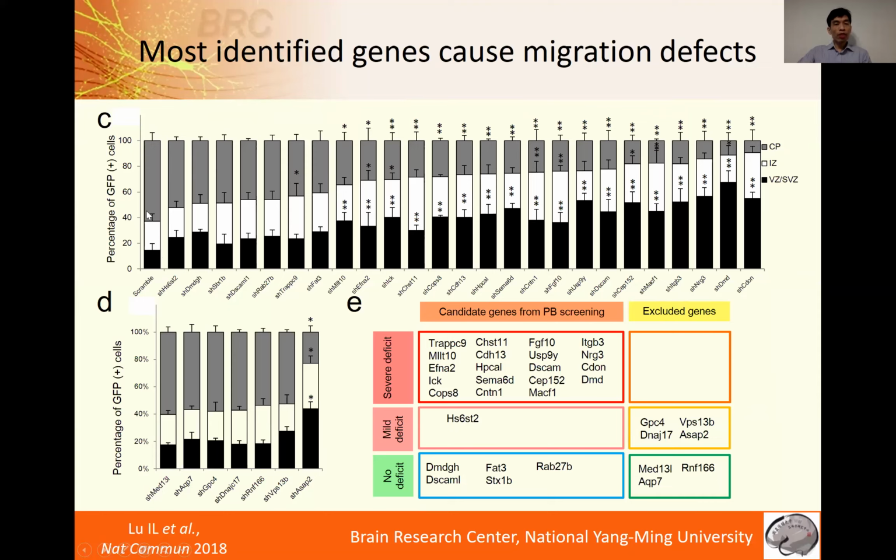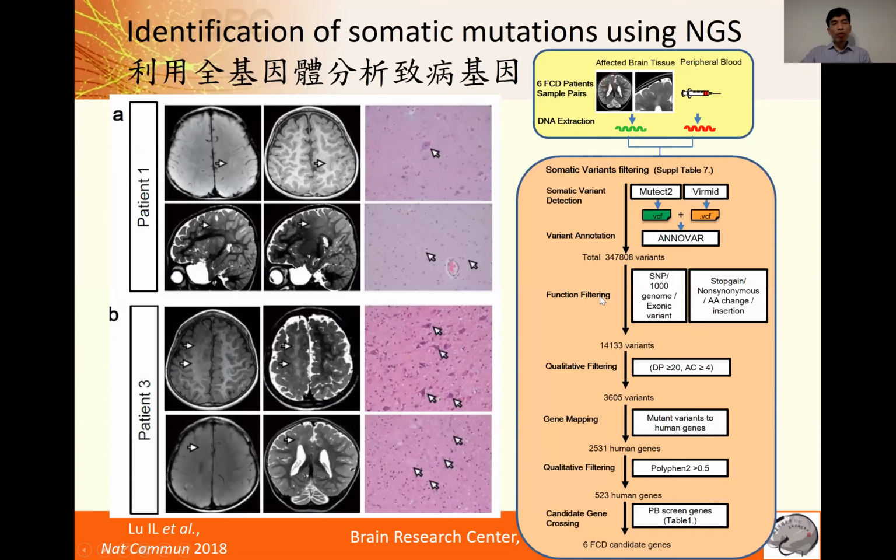In the normal condition, most of them have reached the cortex, but when we knock down many of these, you see a lot of cells are in the deeper layers.